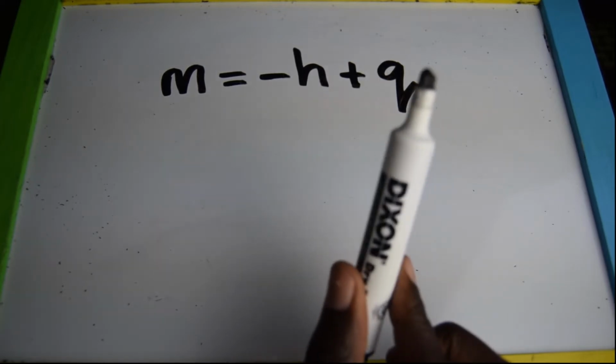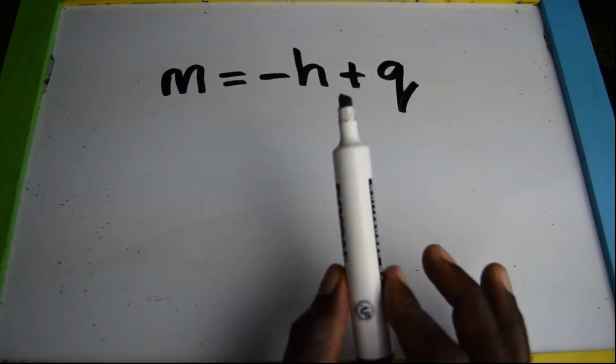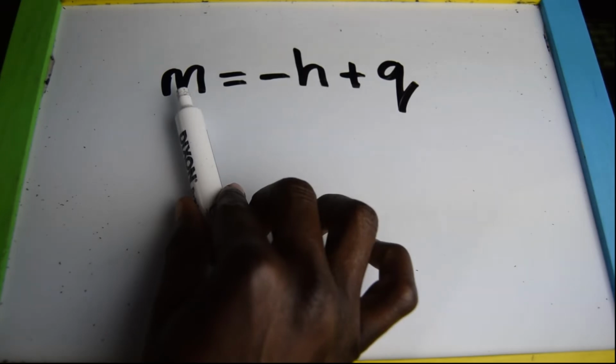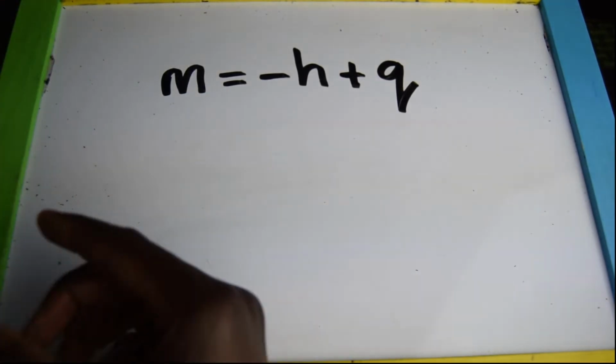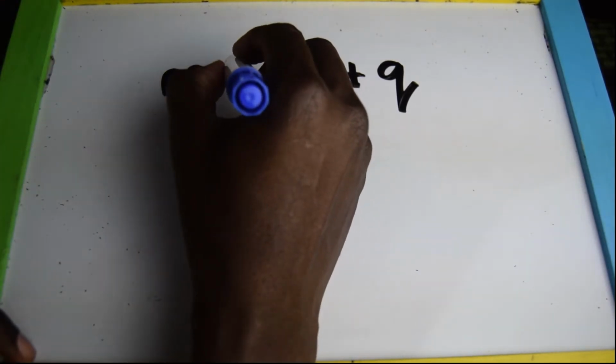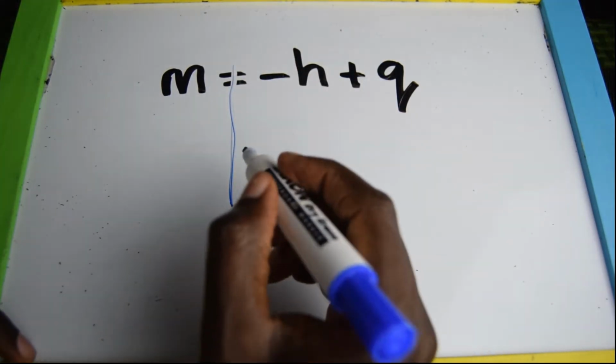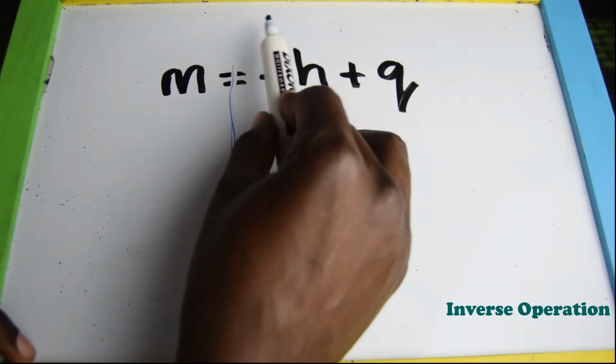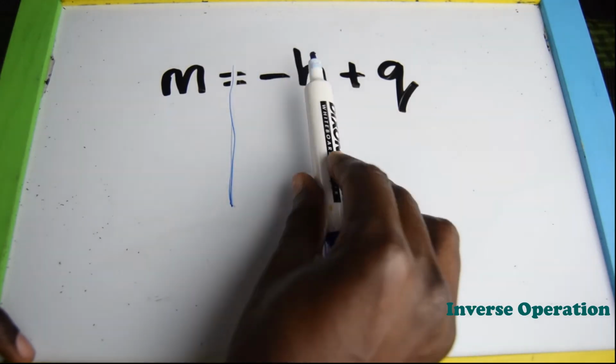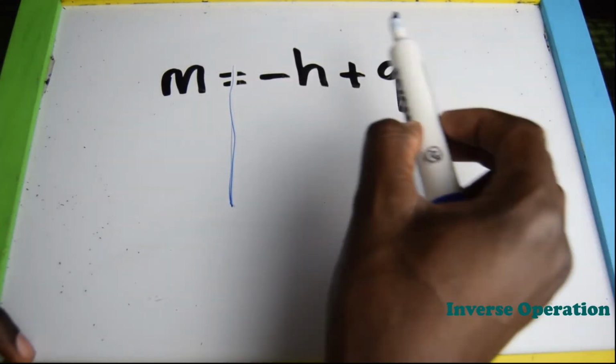This looks intimidating at first, but I will draw the river here, and then I'll look at the opposite operation, so that I take this to the other side and q remains by itself.